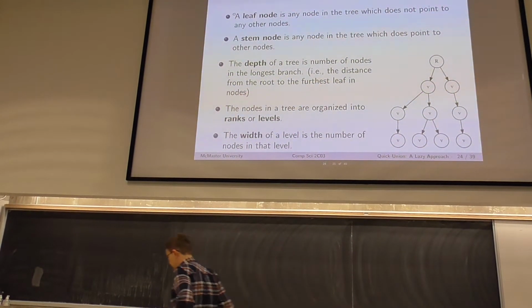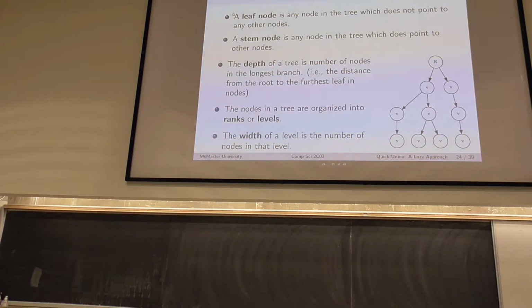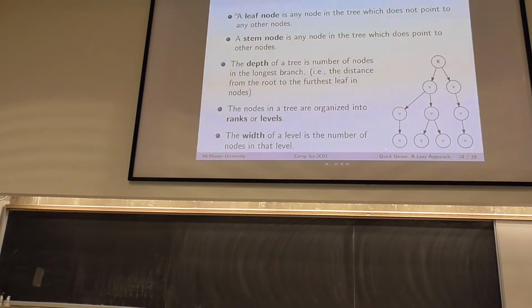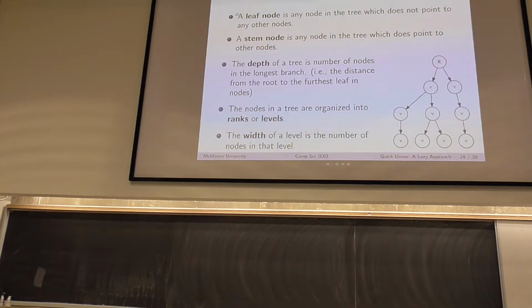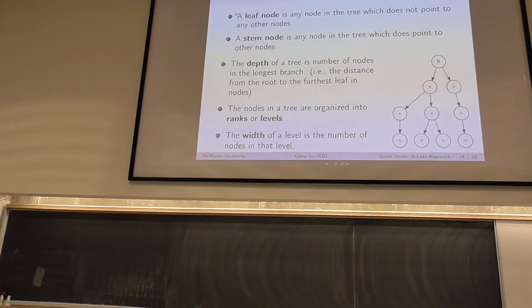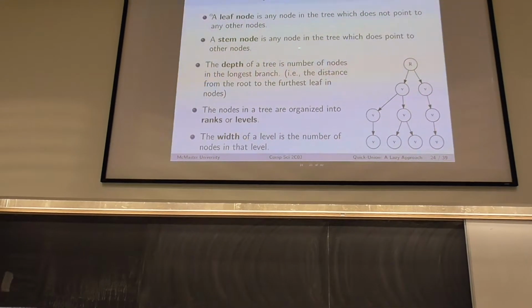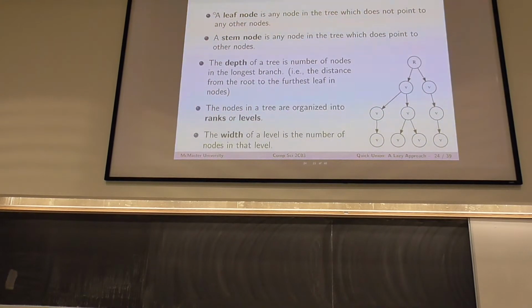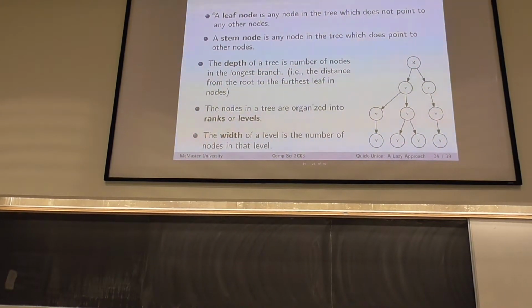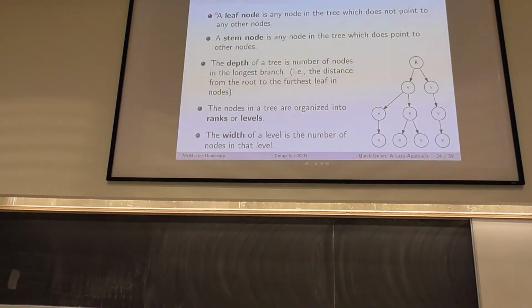Okay, just a little bit more tree anatomy. A leaf node is any node which does not point to any other nodes, so it's a node that has parents but no children. A stem node is any node in the tree which does point to other nodes, so anything which has children is also called a stem node.